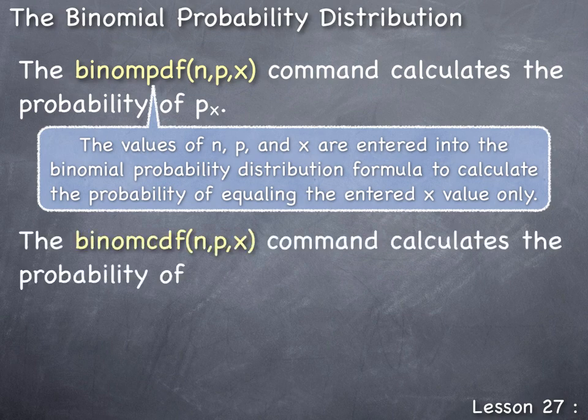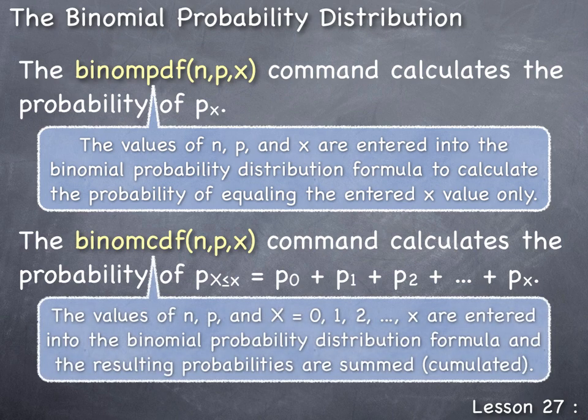The binom CDF n, p, x command on the TI-84 calculator calculates the probability that the random variable x takes on values that are less than or equal to the particular value of x that's entered into the calculator. That is, the values of x equals 0, 1, 2, all the way up through the specific x value that's entered into the command are entered into the binomial probability distribution formula, and the resulting probabilities are summed or cumulated.